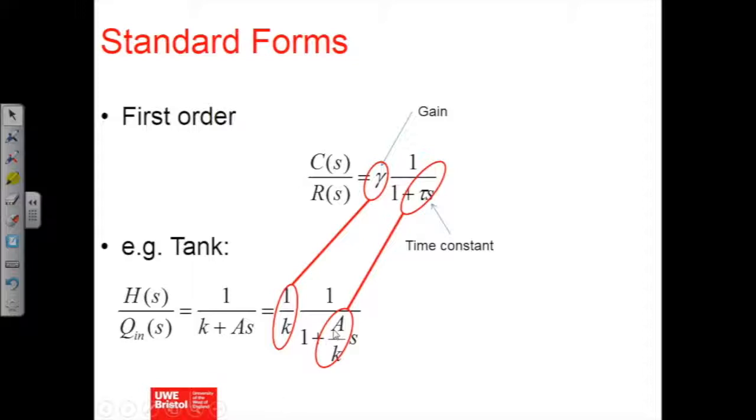If you go back to that model of the tank, that's the cross-sectional area up there, meter squared. And this K was the constant of proportionality relating pressure to the outflow, wasn't it? Yeah. Those of you that have done tutorial sheet 1, you might remember that.